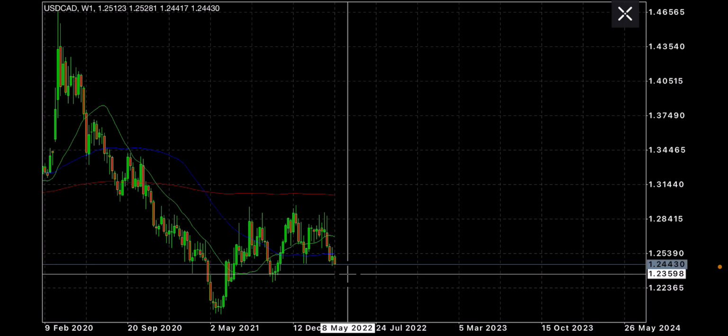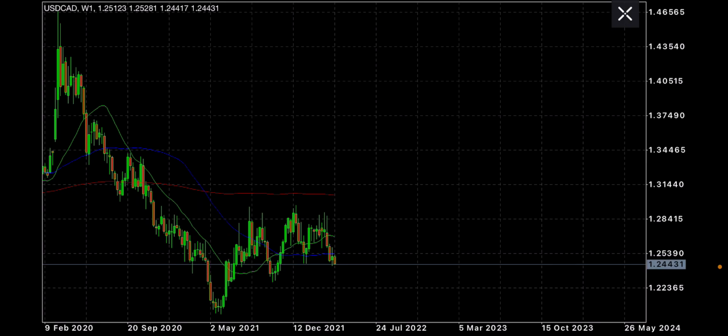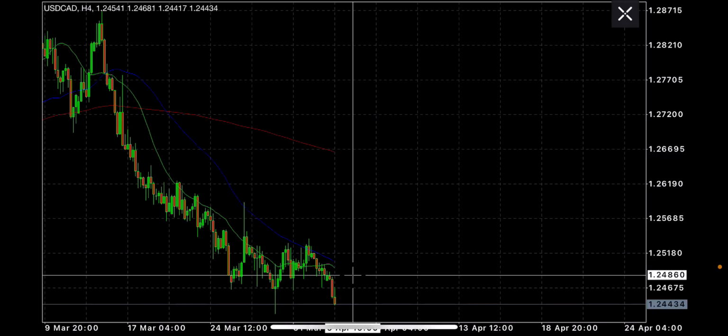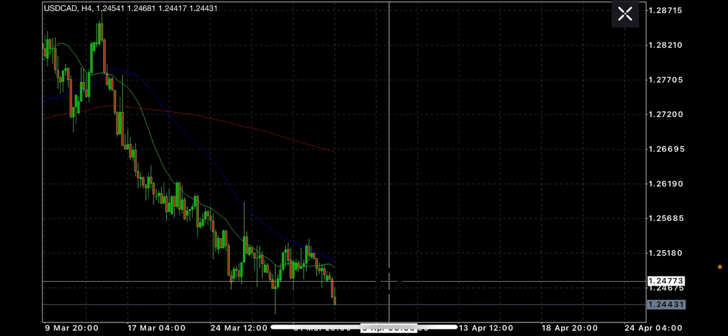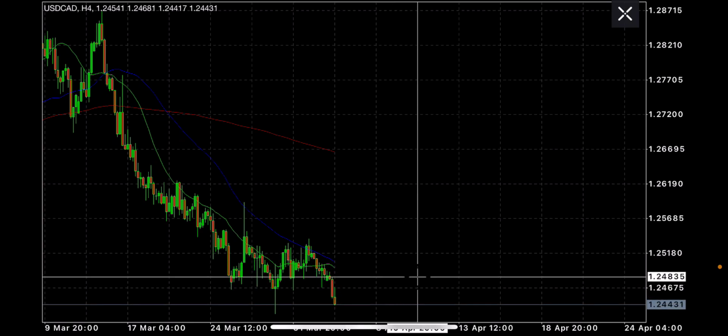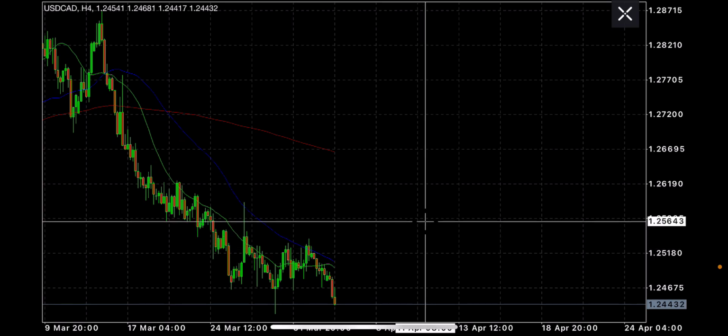Okay, so we can drop down some more to about 1.23600. Okay, or we may just bounce up from this area here like we did before, come up to this general area here, start to come back down a little bit, then come back up.